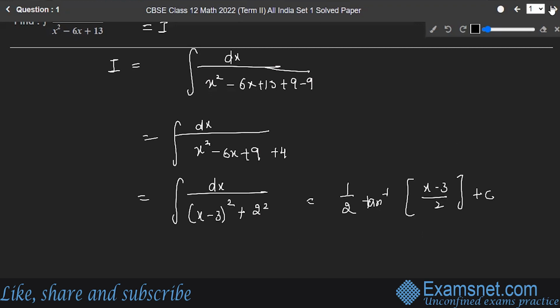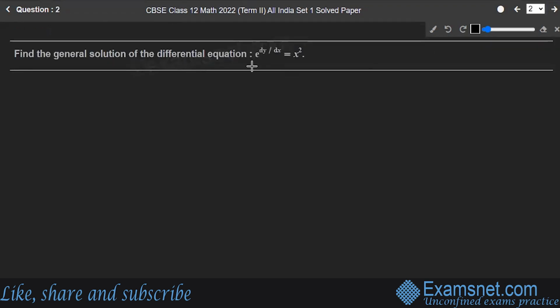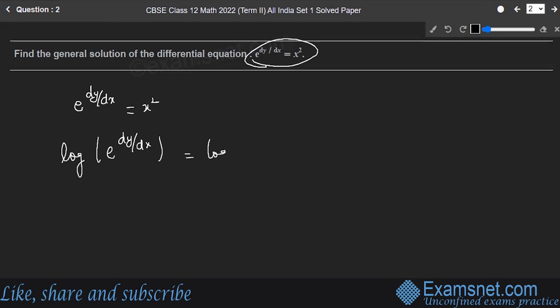Hope you have understood that well. Next is question number 2. You have to find the general solution of this differential equation: e raised to the power dy by dx is equal to x squared. I'm taking log on both sides. So log of e raised to the power dy by dx is equal to log of x squared.